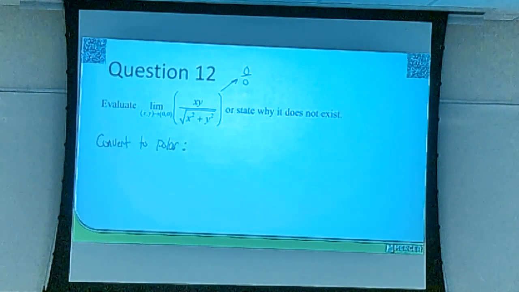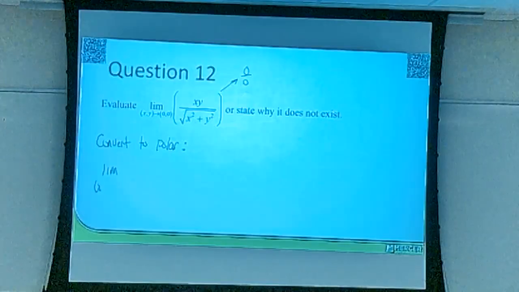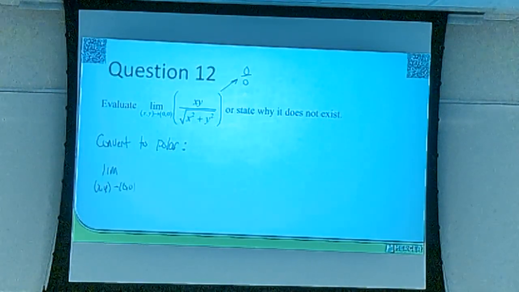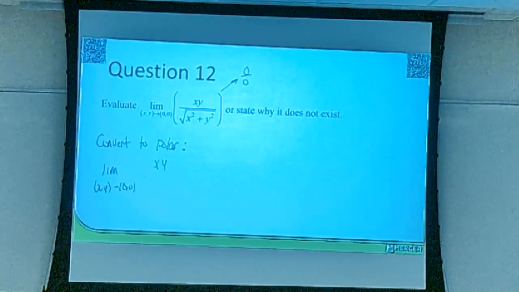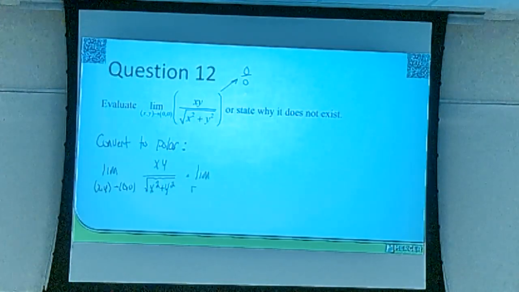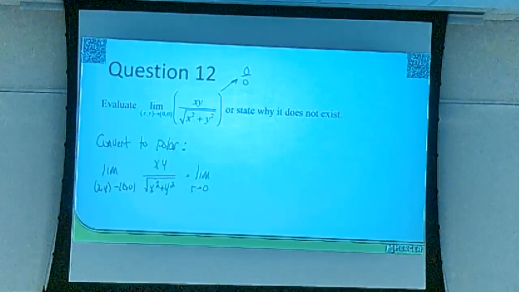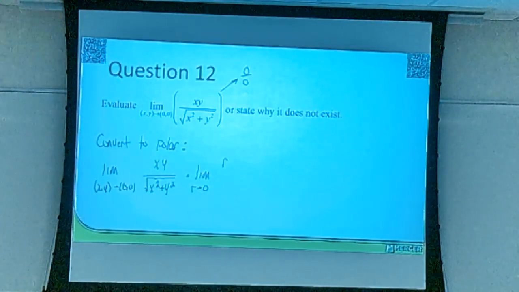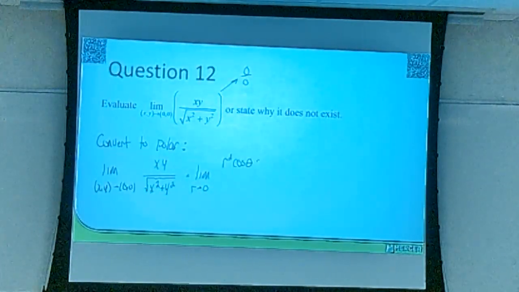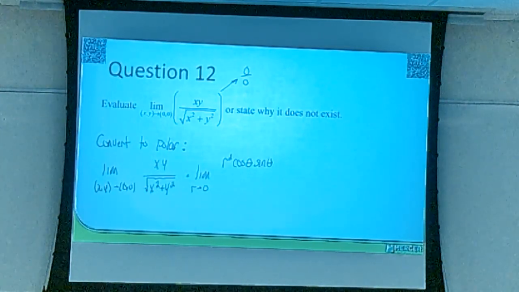Let's convert to polar and see what happens. It's going to be a limit now as r approaches 0. x is r cosine theta, y is r sine theta.